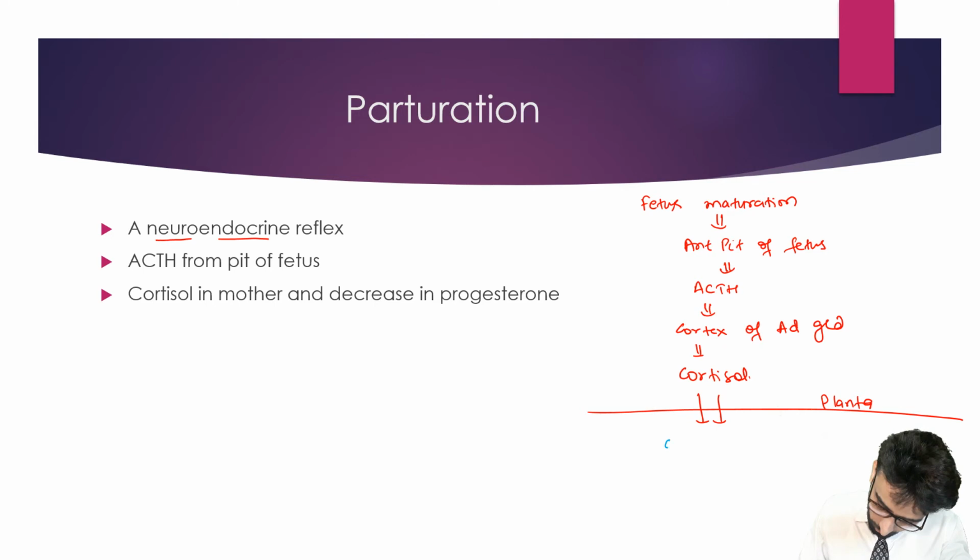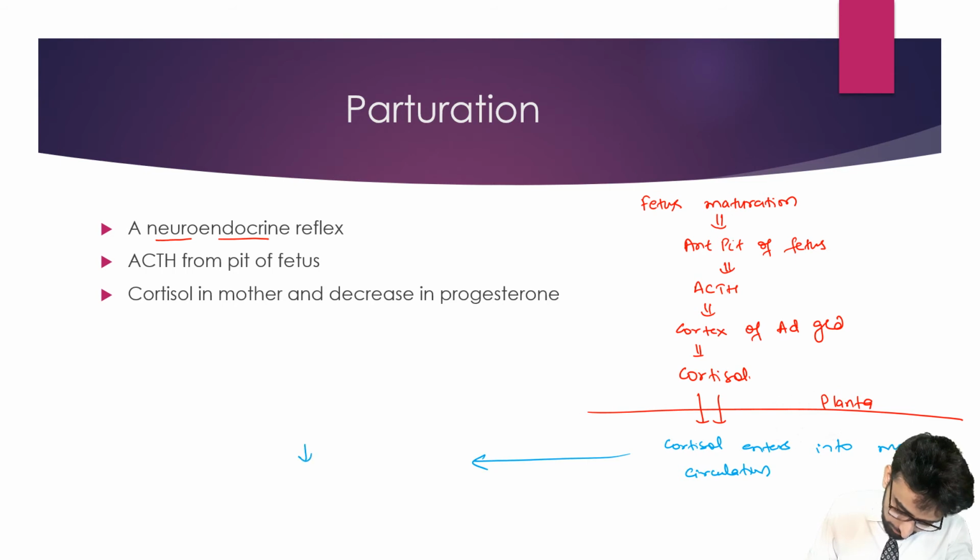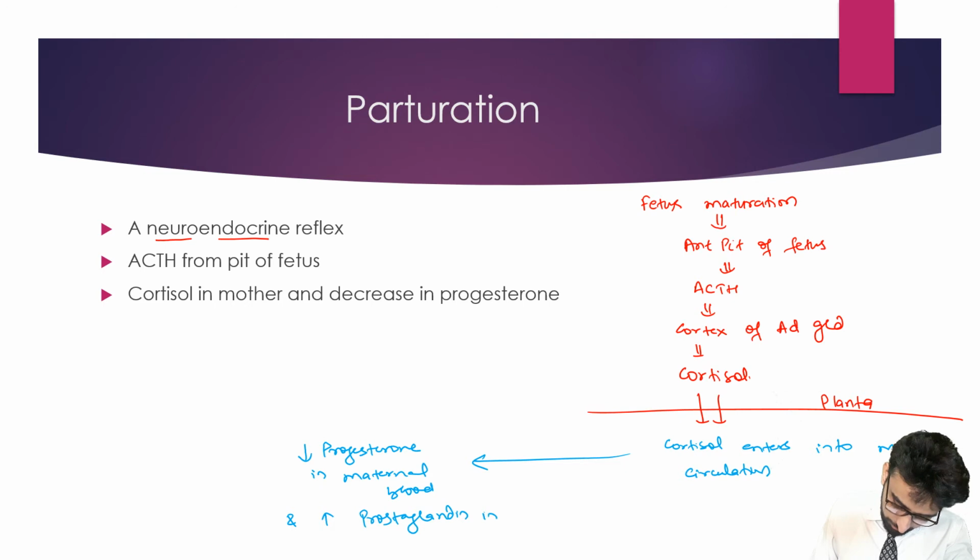The cortisol enters into mother circulation, and this cortisol will lead to a decrease in progesterone in maternal blood, and an increase in prostaglandin in maternal blood. Now we all know what is the function of progesterone.